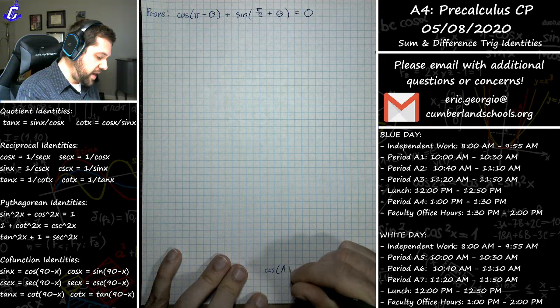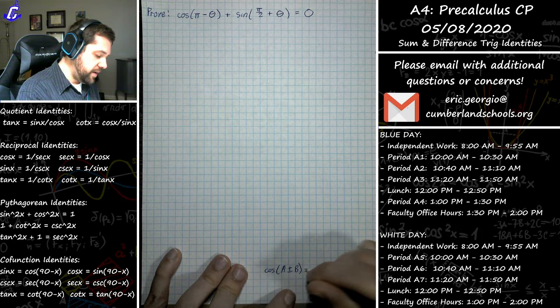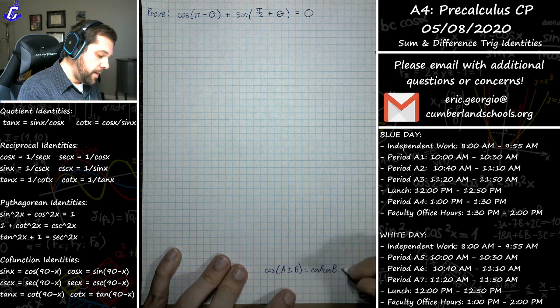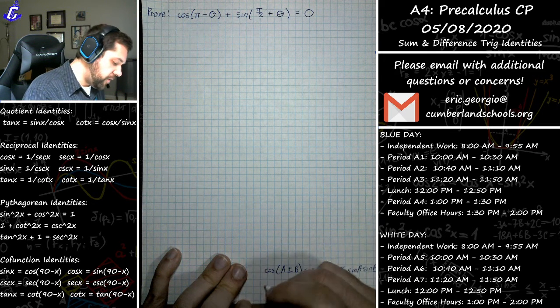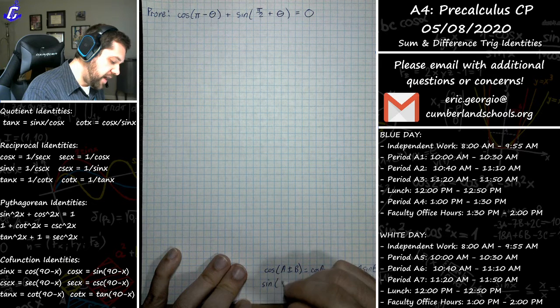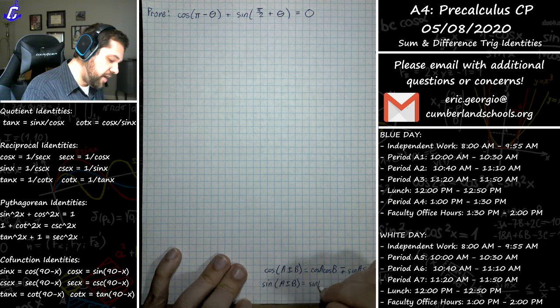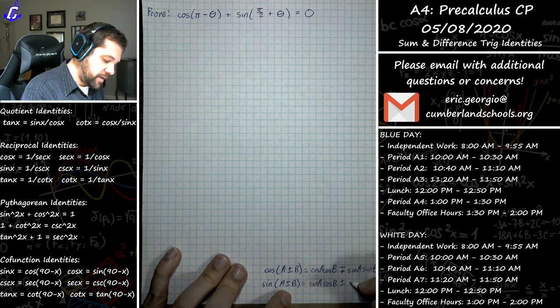The cosine of a plus or minus b is cosine a cosine b, minus plus, the sign switches, sine a sine b. And the sine formula as well, we're going to need: the sine of a plus or minus b is sine a cosine b plus or minus cosine a sine b.